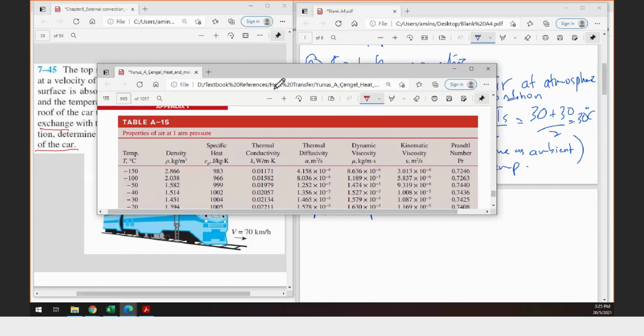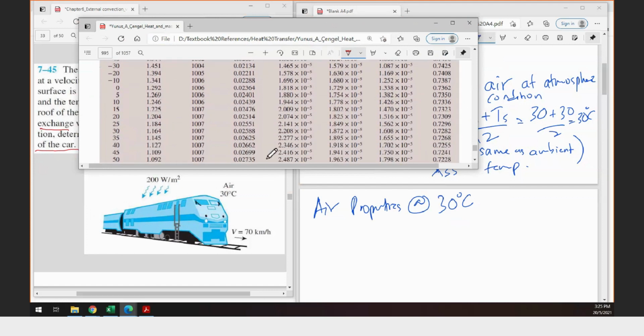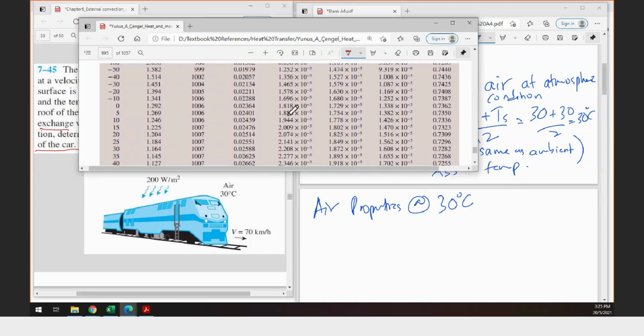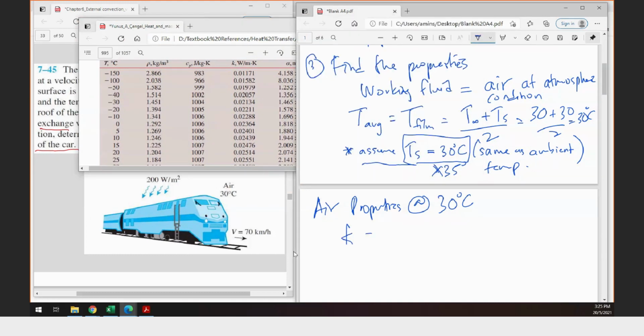Find the value at 30 degrees Celsius. Okay, Haikal already assisted me. The k value equals 0.025. If you want to check table A13, it is 0.02588 watt per meter Kelvin.